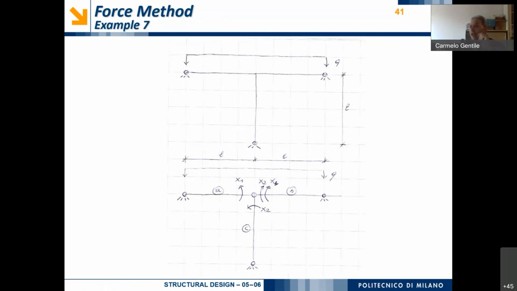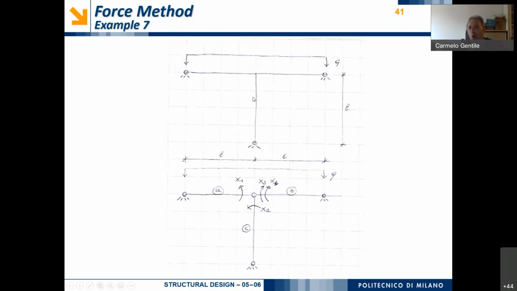The solution of this structure indeed is very simple. Why is it very simple? Because beyond the value of x1 and x2 of the redundant actions, what I can see very easily is that this structure is symmetric with respect to this vertical axis. And if this structure is symmetric, it means that this node does not rotate, okay?